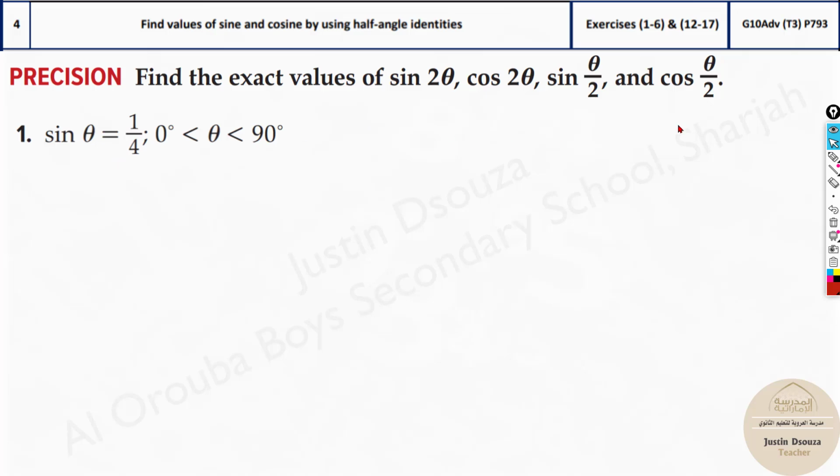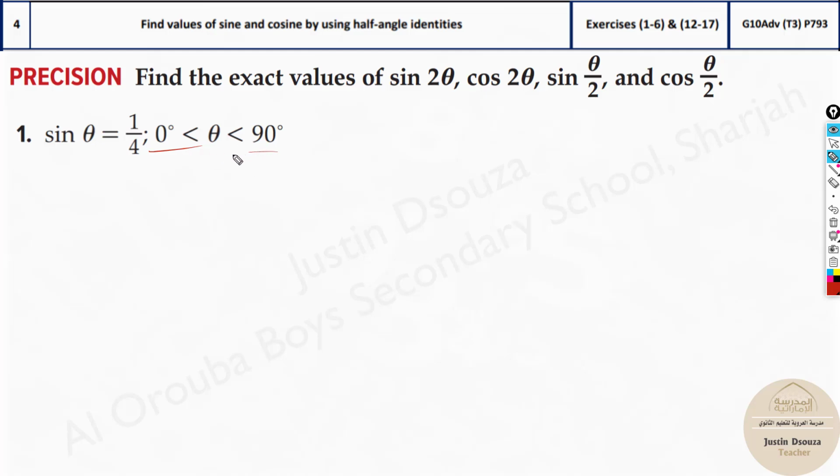I will solve this problem going with the shortcuts. I will show you the sine 2 theta and cos 2 theta by calculator in a minute, but I will first do the solving of sine theta by 2 and cos theta by 2. The theta condition plays an important role.